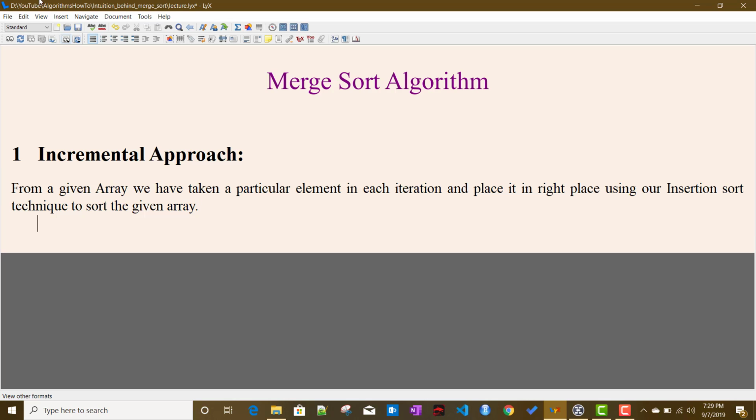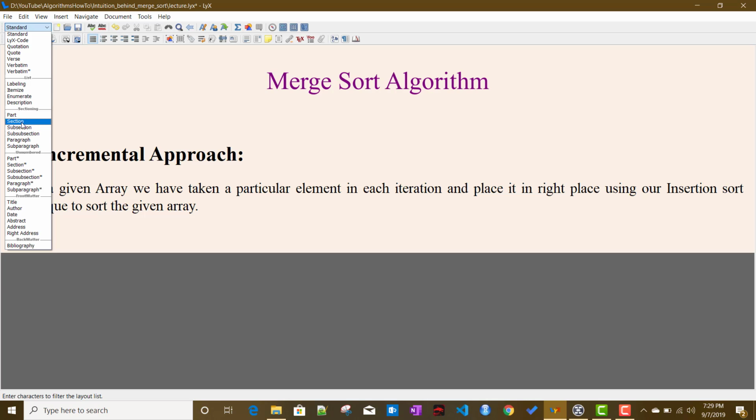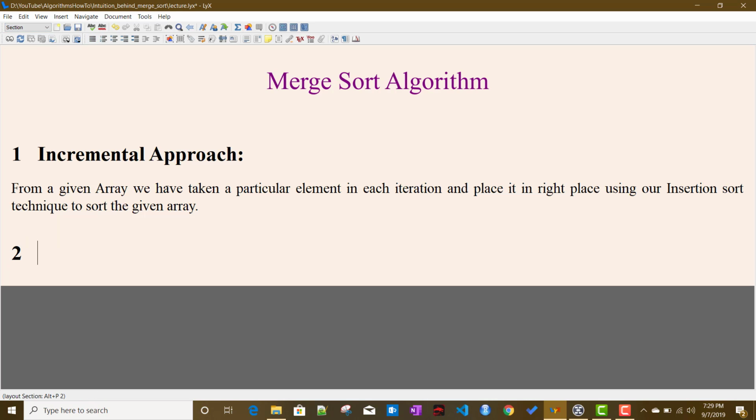If I take another section over here, it's called the divide and conquer approach. I'm always bad with spelling. In the divide and conquer approach, the approach is completely different from the incremental approach.